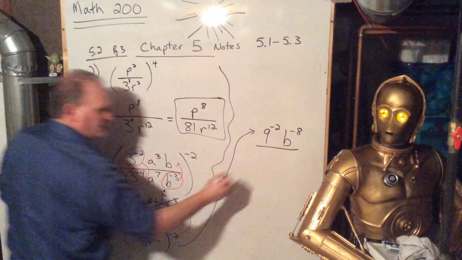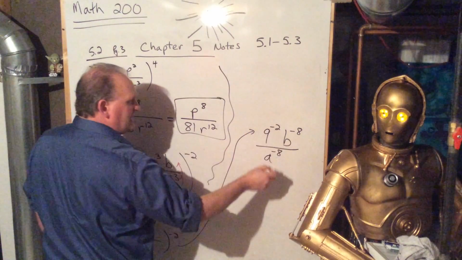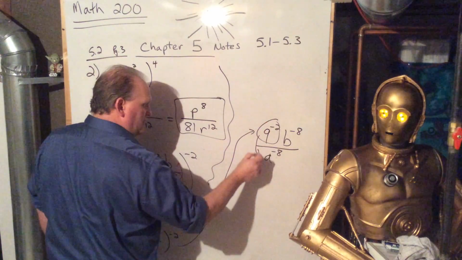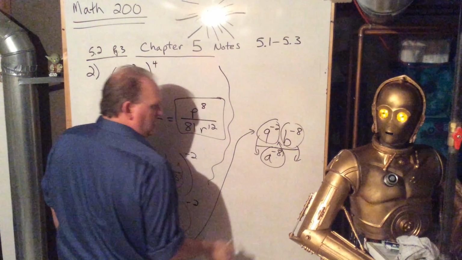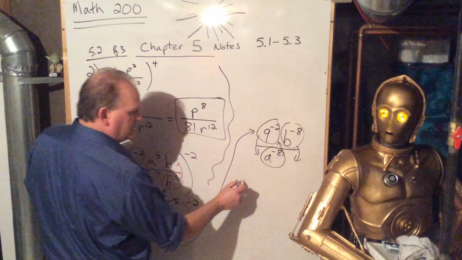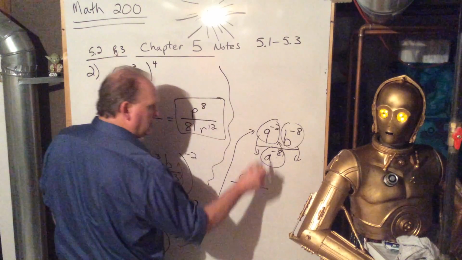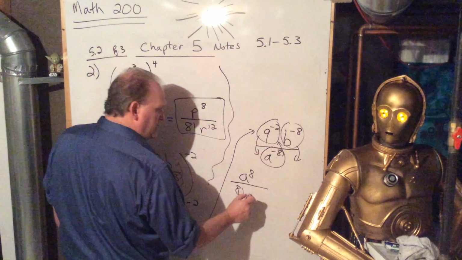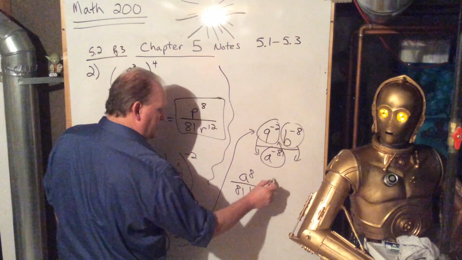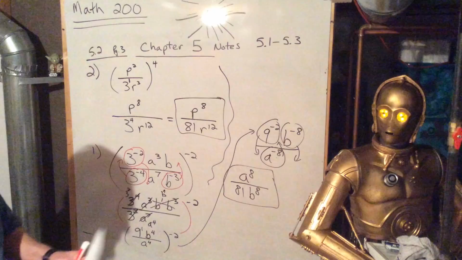And -2 times 4 is -8. But now, look, they're all negative. So this one gets shipped down. This one gets shipped up. This one gets shipped down. And so let's see, how does that shake out? A to the 8th on top, over 9 squared is 81 on the bottom, and b to the 8th on the bottom. And that's our answer. All right.